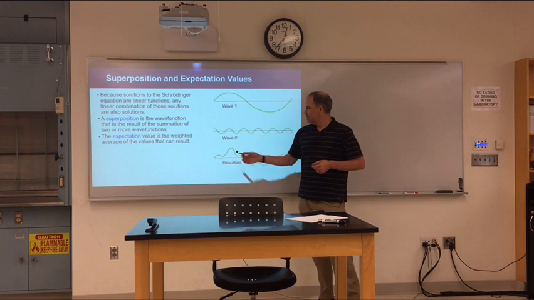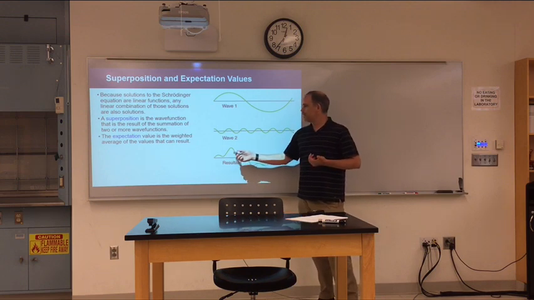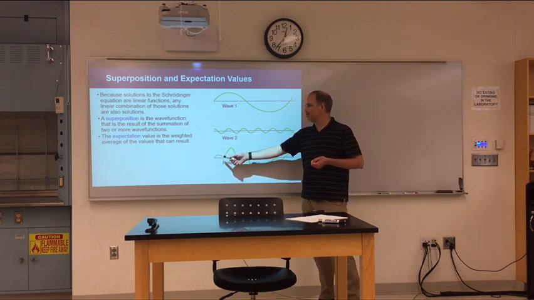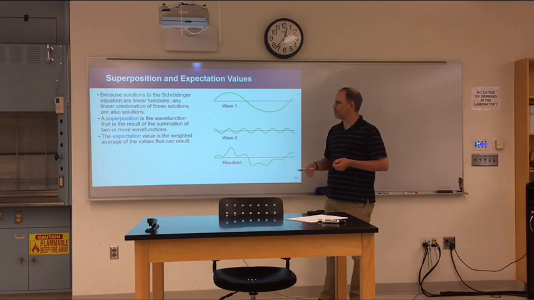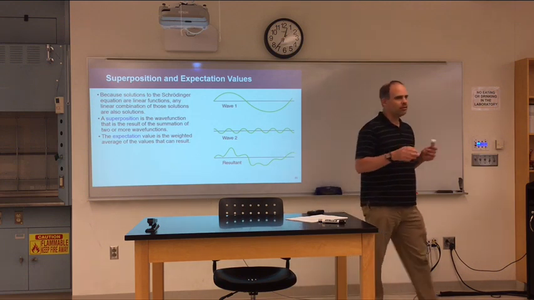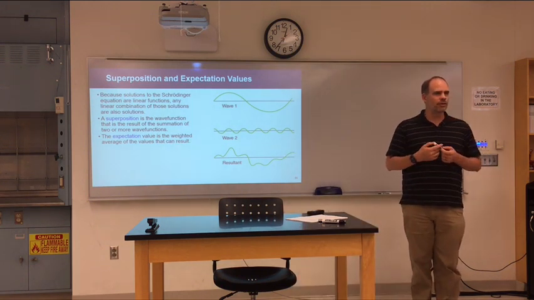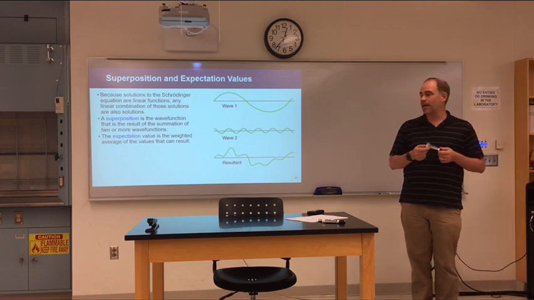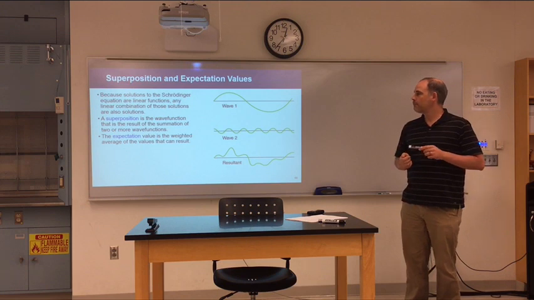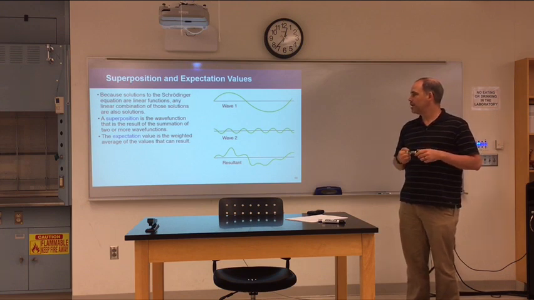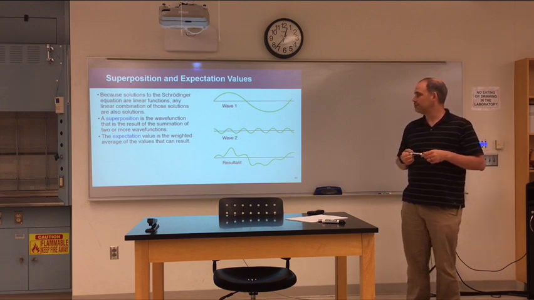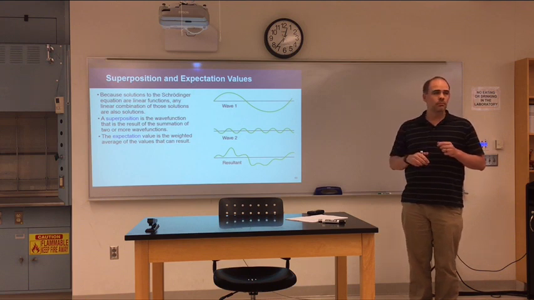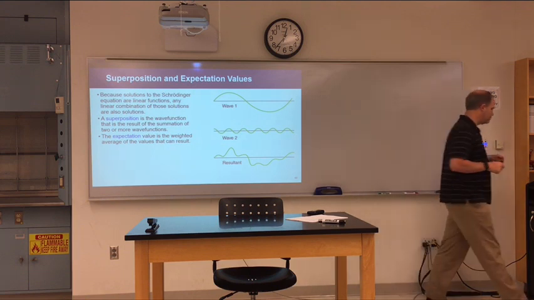And so the expectation value would be you're taking the integral over the entire region, maybe of those two multiplied together. We'll be determining, fingers crossed, some expectation values today. Yeah, so today is going to be a full day. Any questions on that? Okay.